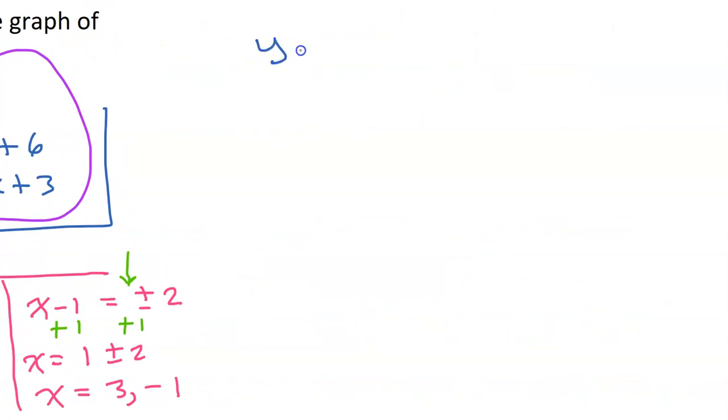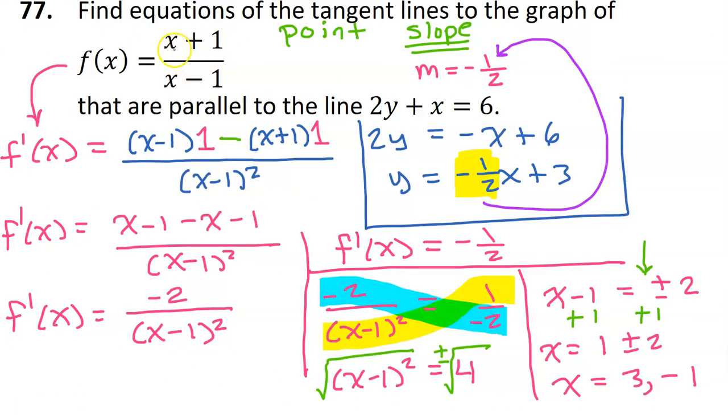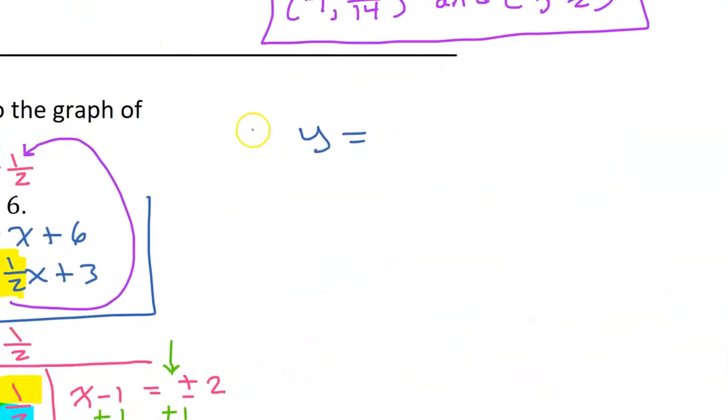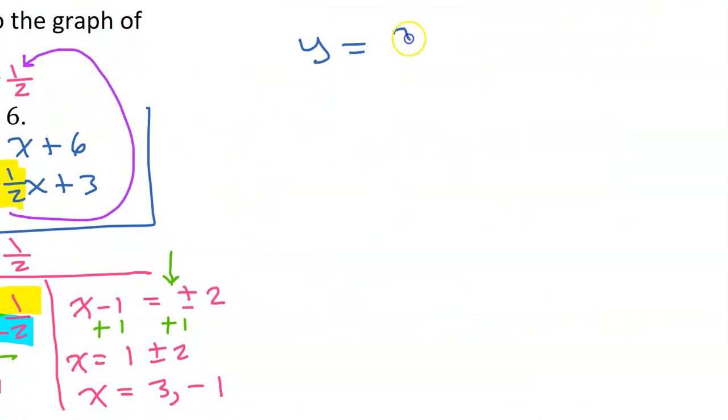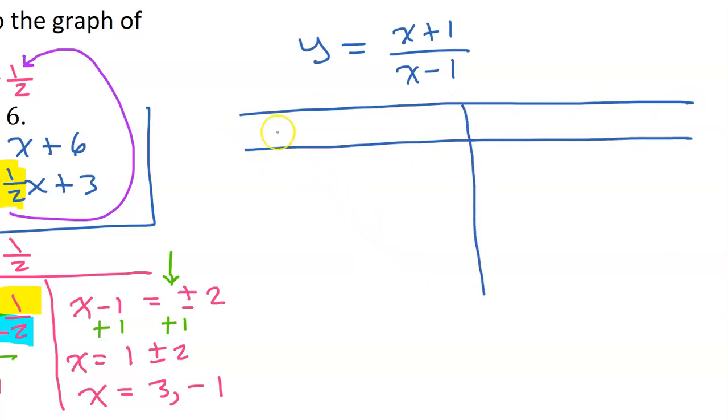In order to find the y values, we need the original function. So that's x plus 1 over x minus 1. So y is equal to x plus 1 over x minus 1. So let's break this down according to each x value that we have.